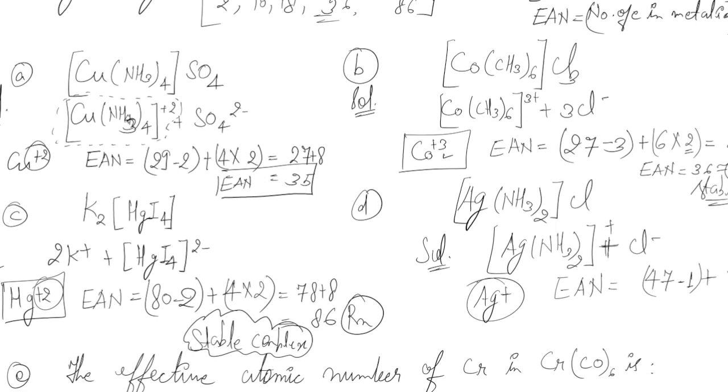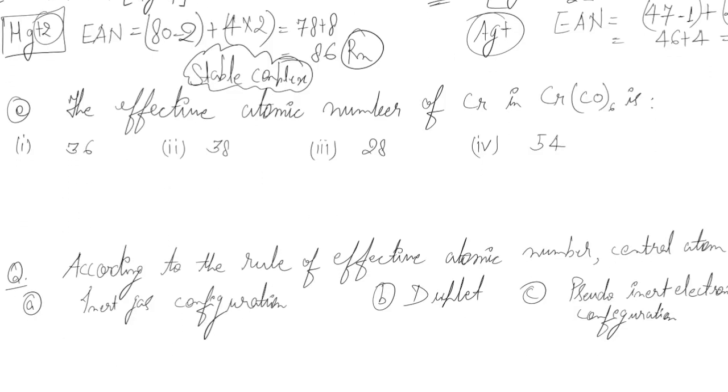So 2 amine, so 2 multiplied by 2. So this will be 47 minus 1, 46, plus 4. So this will be 50. This is not equal to the noble gas configuration. So you can comment that this is not a very stable complex.